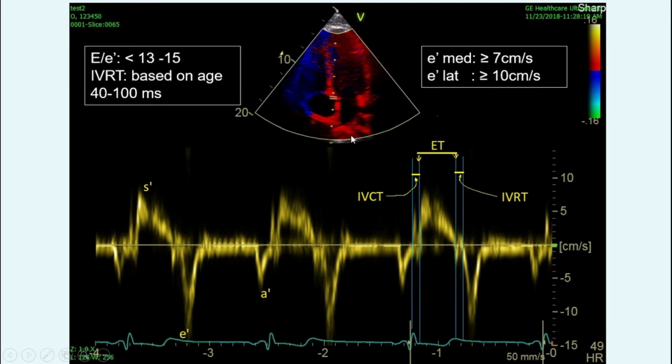The tissue Doppler of the mitral valve annulus has a specific pattern. When systole starts, the base of the heart or mitral annulus moves toward the apex, so it will give us a positive Doppler shift here. We call it S prime.